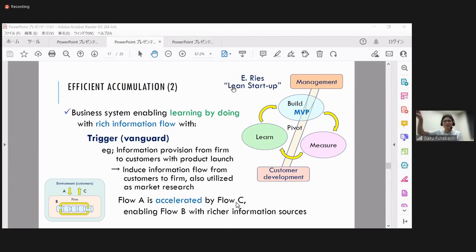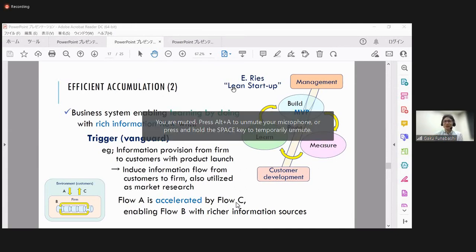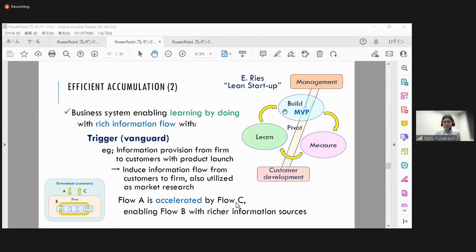If you continue this, in the end, you have the products which the customer like. And Ries called such kind of prototype of the product with which you ask the customer if they like or not, minimum viable product.